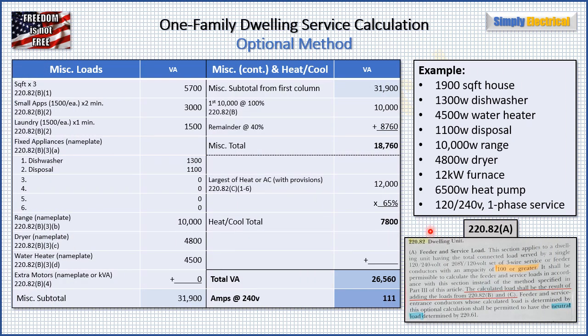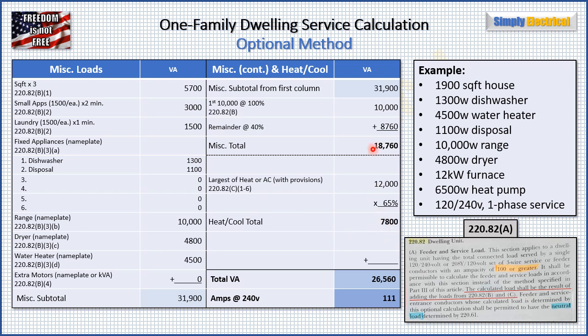Okay, now that we have our miscellaneous total and our heating and cooling total, we're going to go back and read this section again back in 220.82a. I told you we'd be coming back to this. It says the calculated load shall be the result of adding the loads from 220.82b and c. 220.82b, that is this total, and 220.82c is this total.